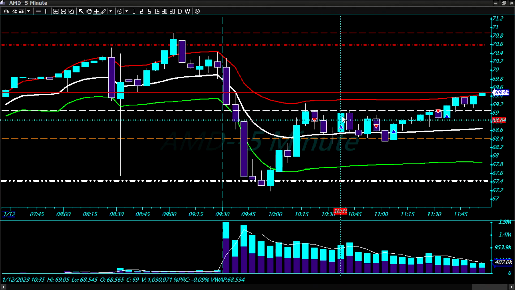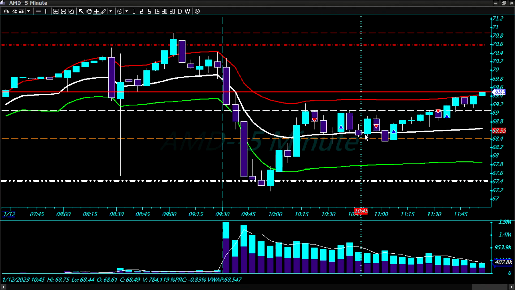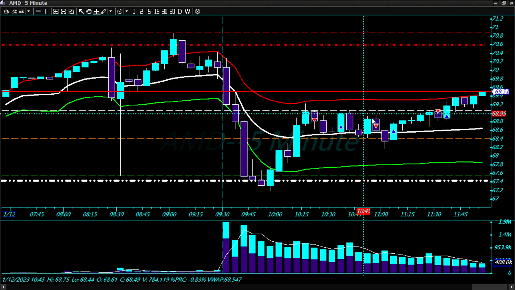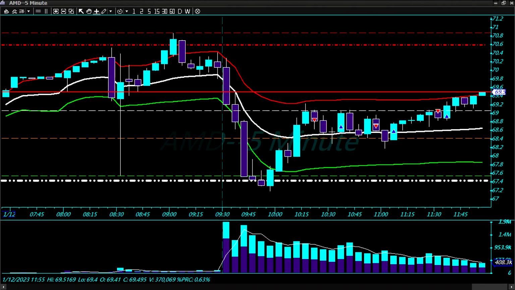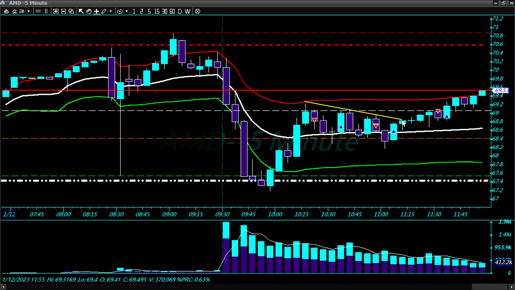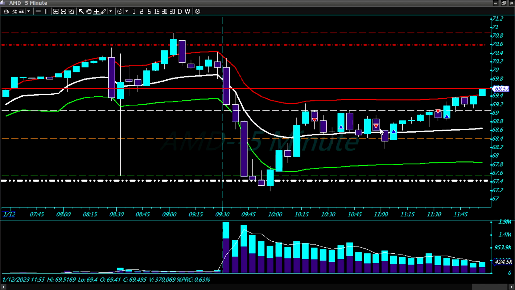Looked at it here again as it pushed up, pulled back, pushed up again, lower high. So you can see, let me see here, let me get this line. So you see it's creating those higher lows, lower highs, and that gave me the indication to go short again, right?